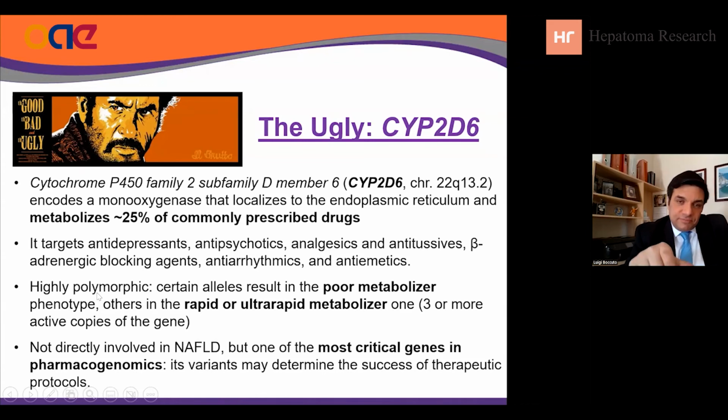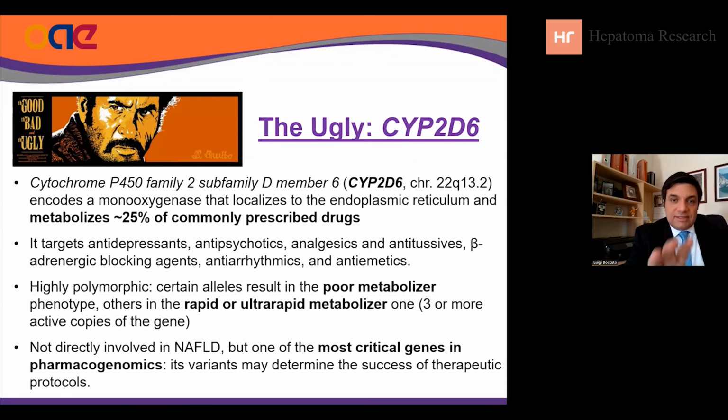The thing is, this is an extremely variable gene in humans. It's highly polymorphic. There are multiple alleles recognized for their overall effect, and defined as poor metabolizer alleles, rapid metabolizer, or ultra rapid metabolizer when you have 3 or more active copies of the genes due to the gene duplications.